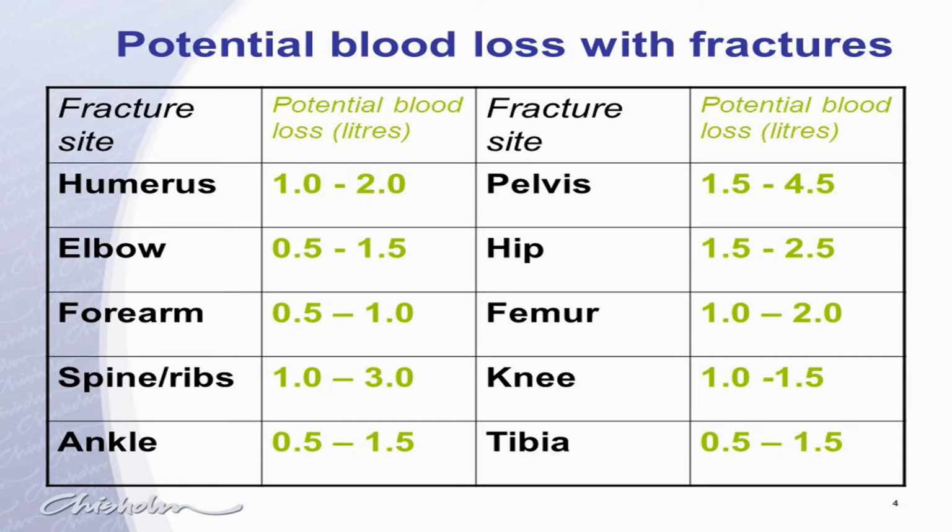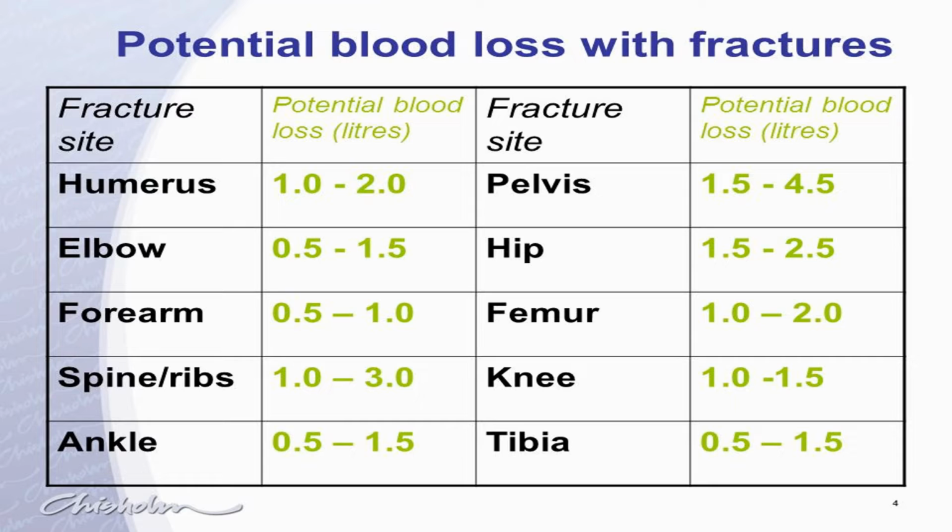We talked about that potential blood loss from fractures. So with the humerus, you could have 1 to 2 liters of blood loss. Again, we're at about 4.5 to 6 liters of blood in the body at any given time. So if you lose 2 liters of blood, that's quite a bit.